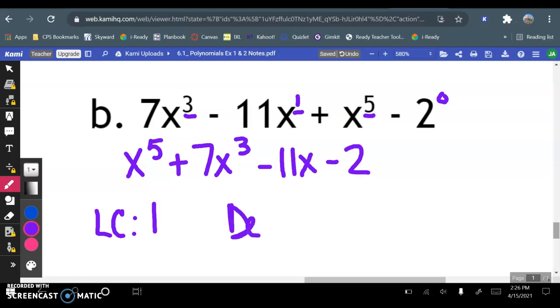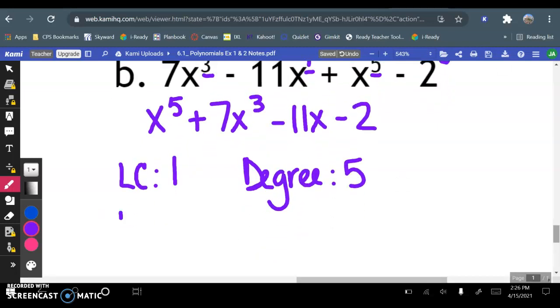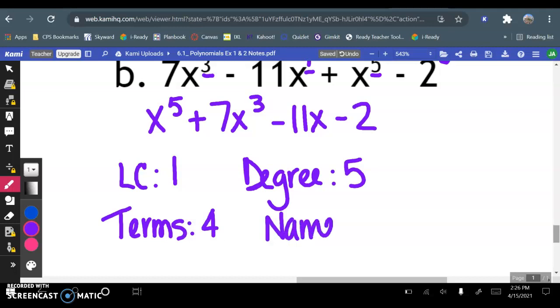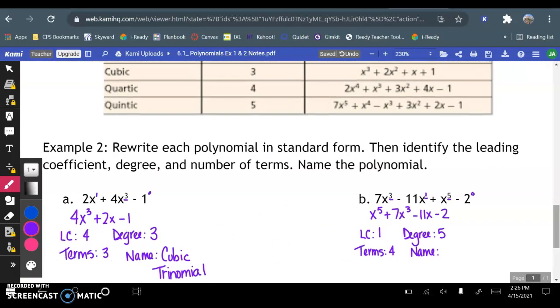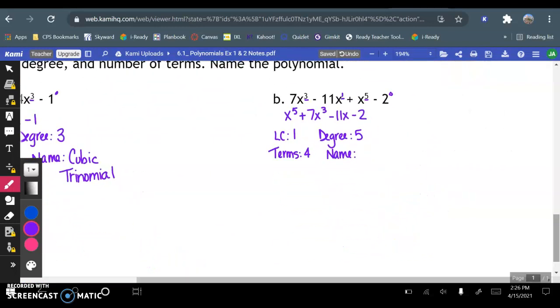The degree, the largest exponent, is 5. The number of terms, it has 4 terms. And then its name. It has a degree of 5, so go back up here to the chart. That's quintic.